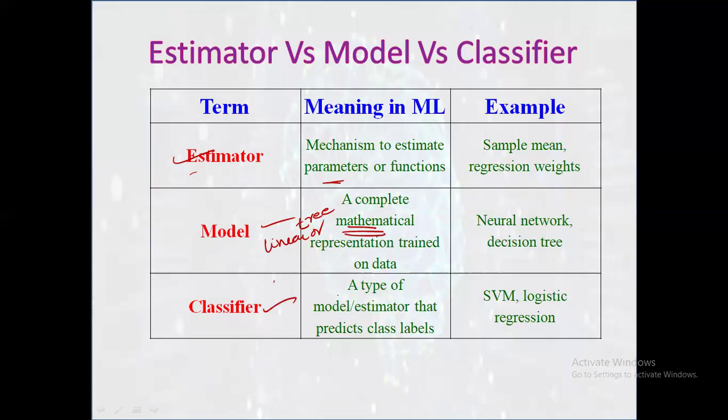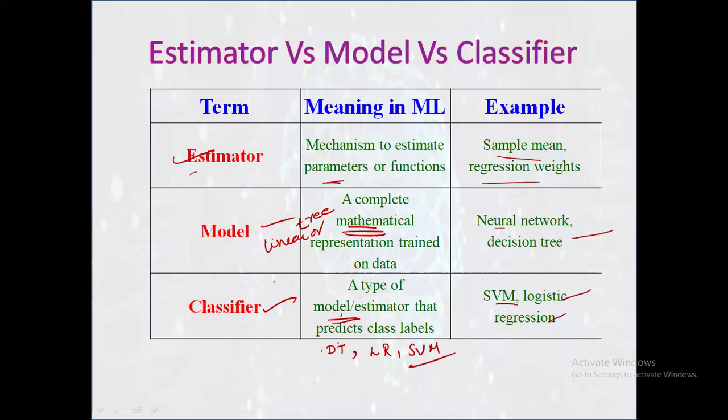Next, a classifier in machine learning is a special type of model or estimator used in classification problems. It predicts categories or labels, such as whether an email is spam or not. Examples include logistic regression, decision trees, and SVMs, which are classifiers. Examples of estimators include the sample mean, regression for weight, SVM, logistic regression, neural network, and decision tree.